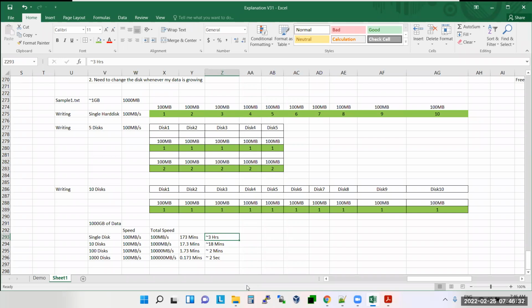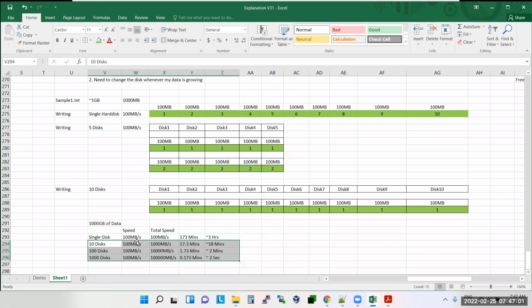So do you think we are getting very good performance? Yes, sir, compared to the single system. Compared to the single disk concept, multiple disks under one distributed file system, multiple disks under logical storage, are giving far better speed.